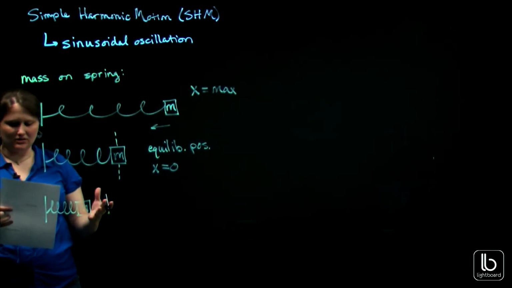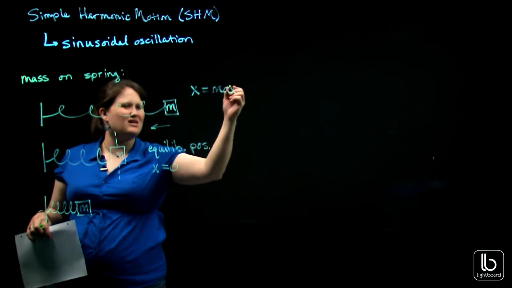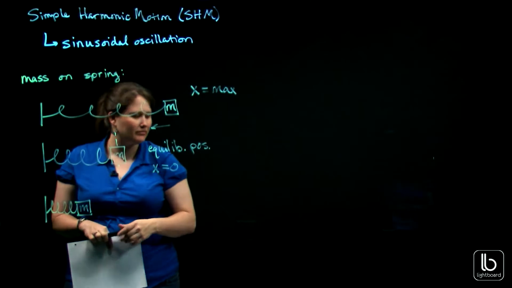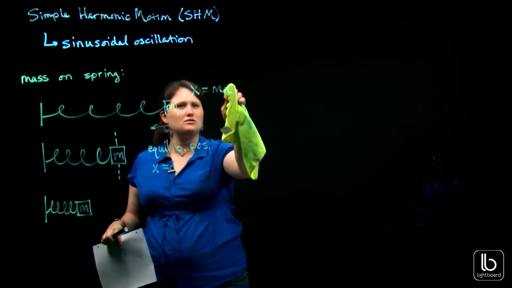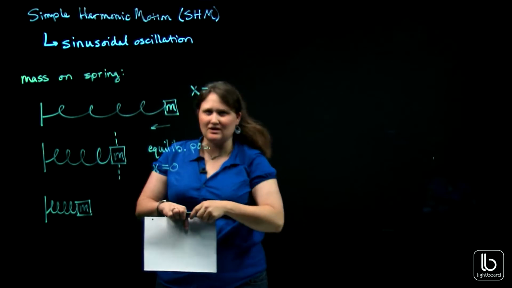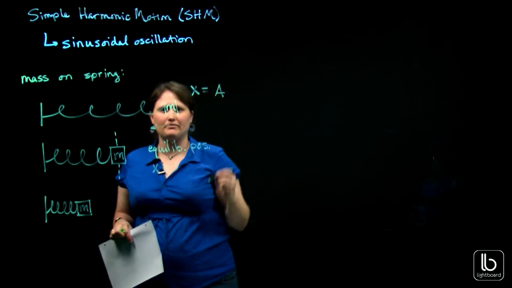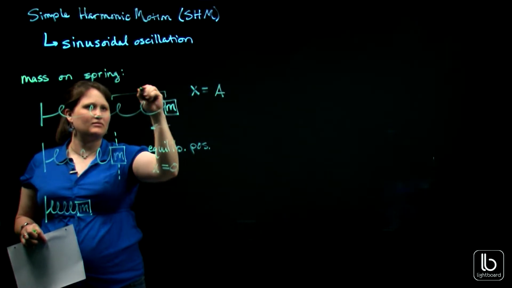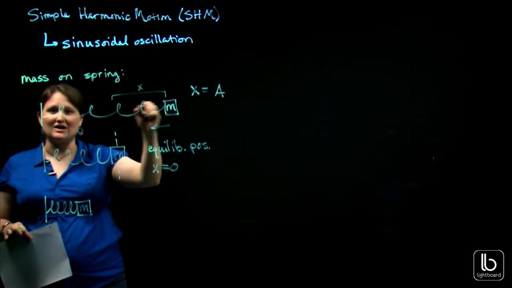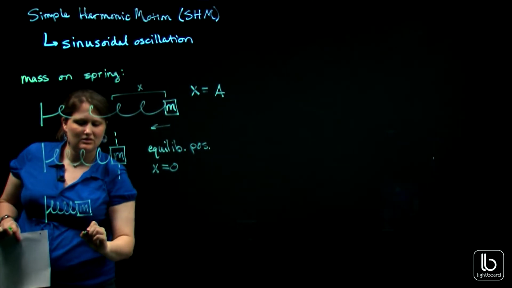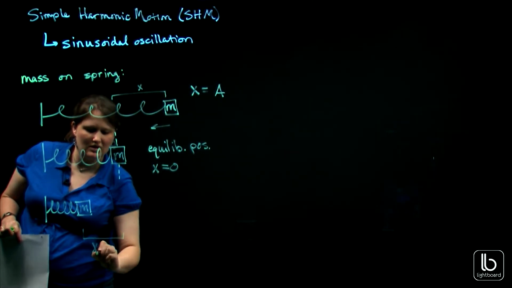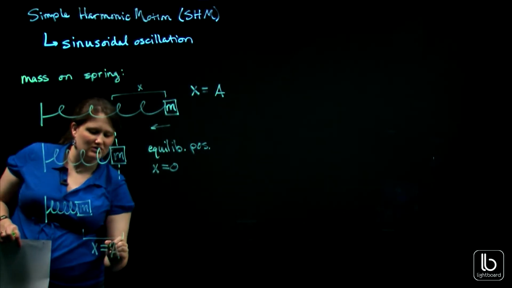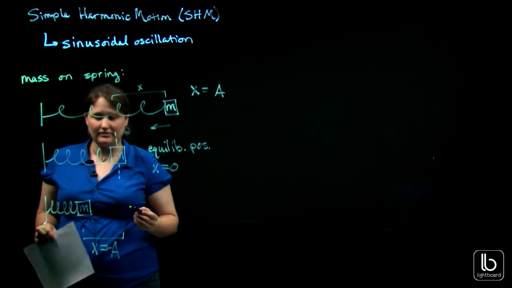And remember we said that our maximum position from equilibrium is actually the amplitude. So that's how I'm going to choose to represent that. Well, here, and we'll say that's x. It's literally a distance from equilibrium. So down here, again, x is equal to this same amplitude, but it's just in the opposite direction. Okay.